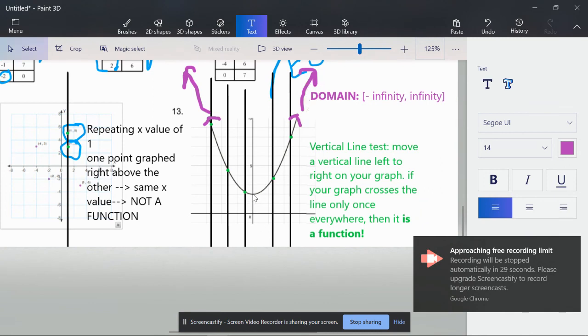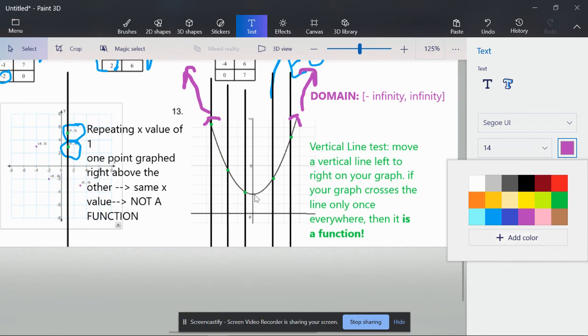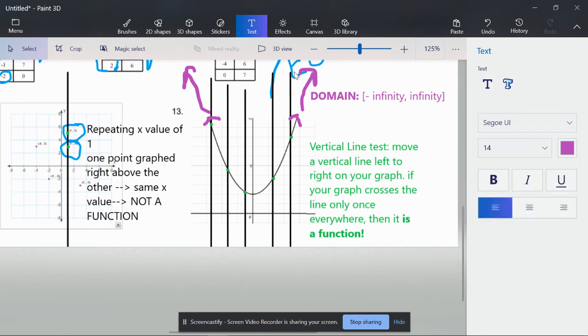My graph starts here at positive 2. So my range for this graph, I'm running out of time, is going to be positive 2 to infinity, because it keeps going forever and ever up. All right, that was our crash course.